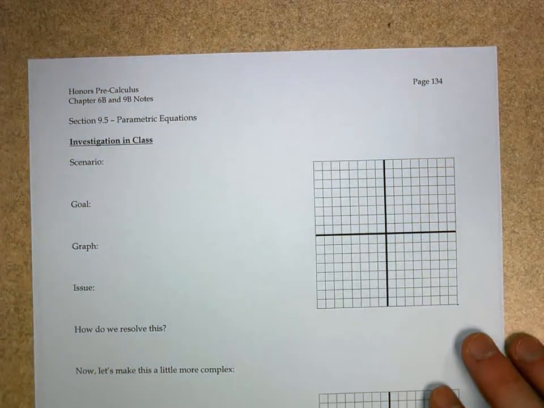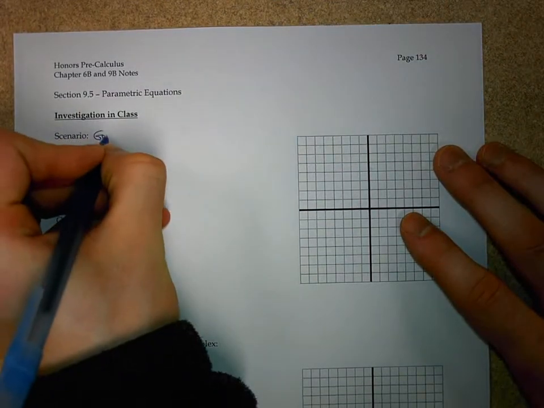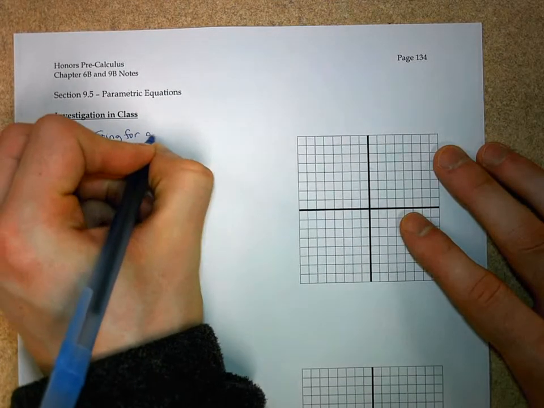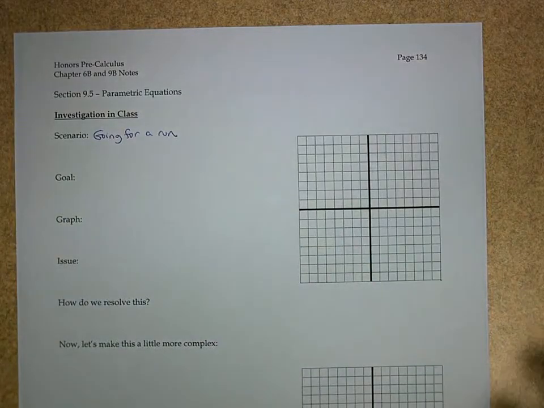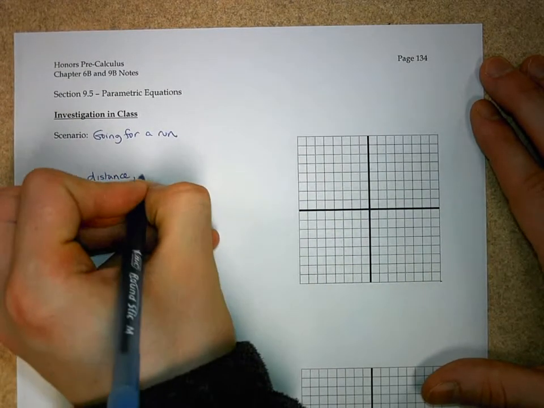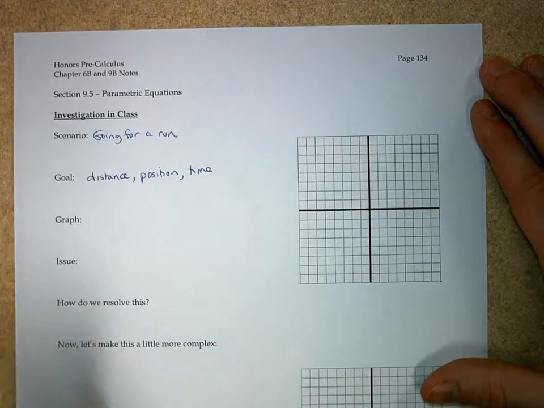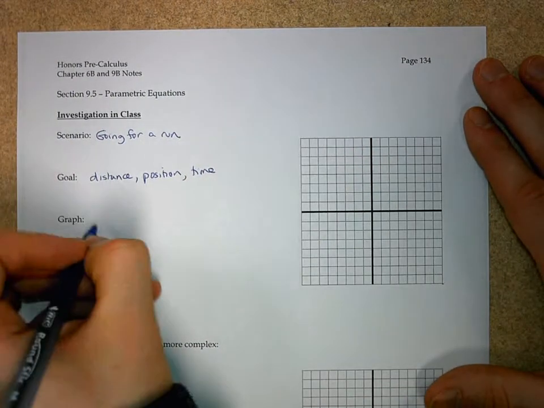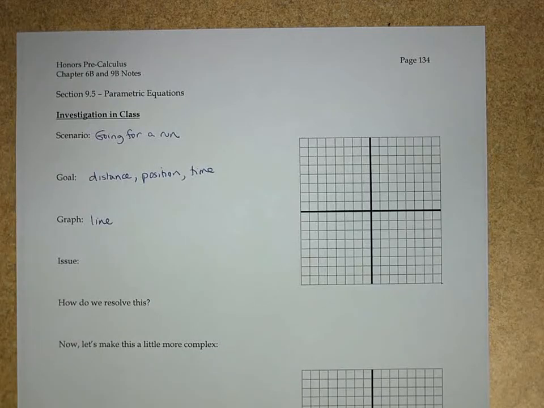So here's the basic idea. If my scenario was that I was going for a run, what would I want to know for my goal? I want to know my distance, I want to know my position, and I want to know my time. And the graph would look something like a straight line, assuming that I'm running with a consistent pace.